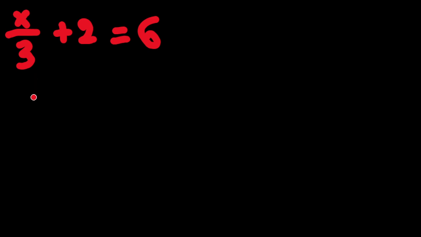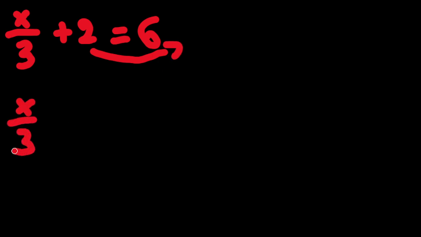Okay, I consider you paused the video, so I will try and solve it. We have x over 3, x divided by 3, plus 2 equals 6. I'll bring number 2 to the other side, or you can deduct 2.